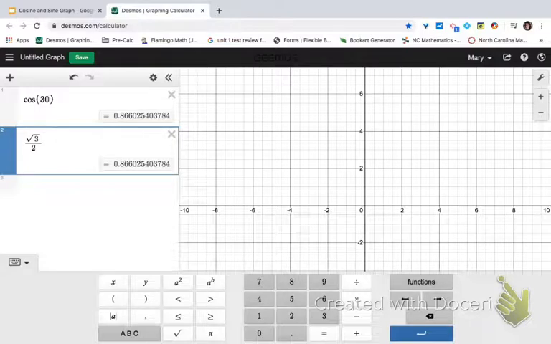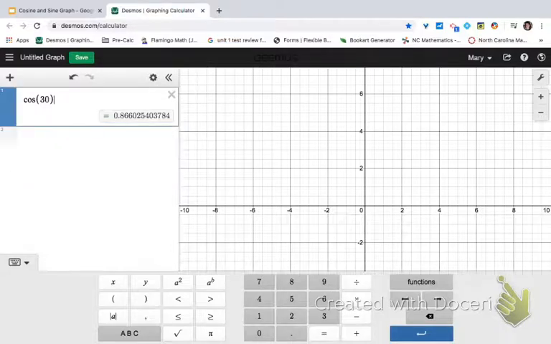As you can see, those are equivalent numbers. So the cosine of 30 degrees is in fact equal to the square root of 3 over 2. And we can check this probably a lot easier with sine, because the sine of 30 degrees is 1/2, or 0.5.